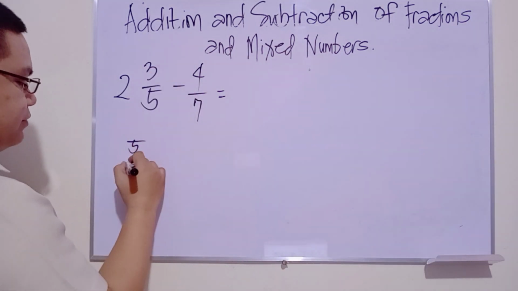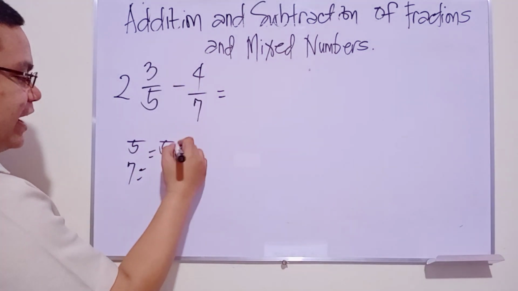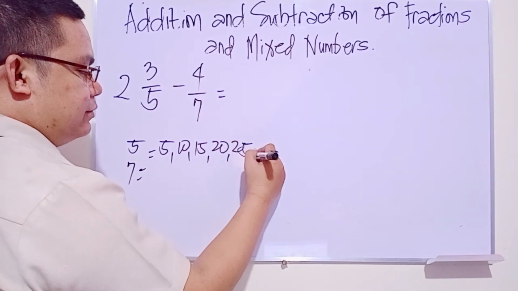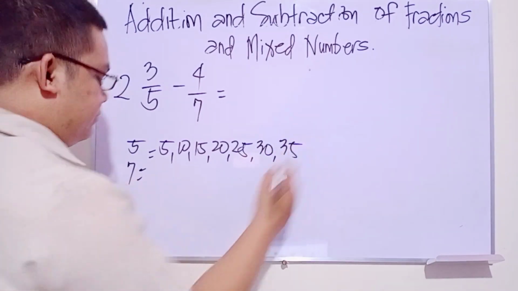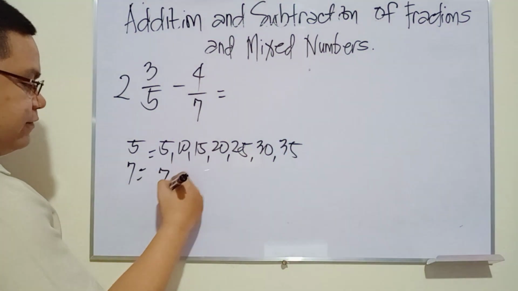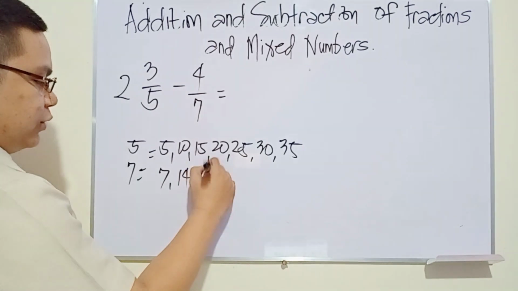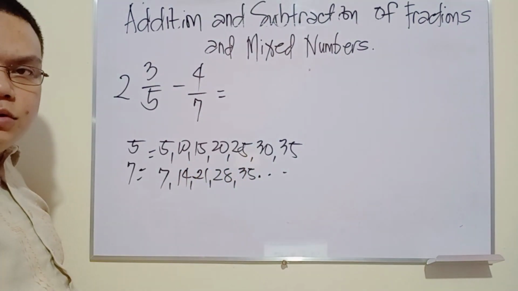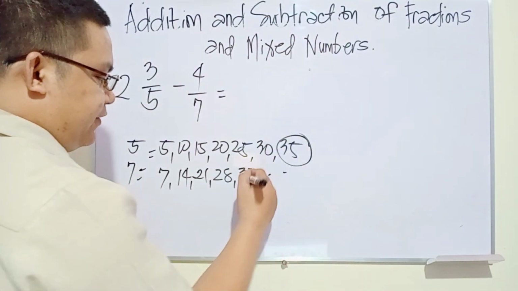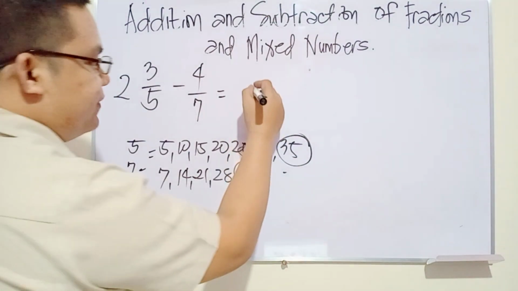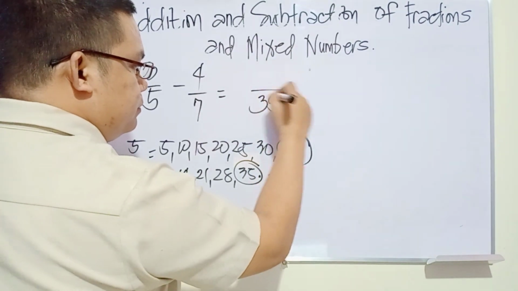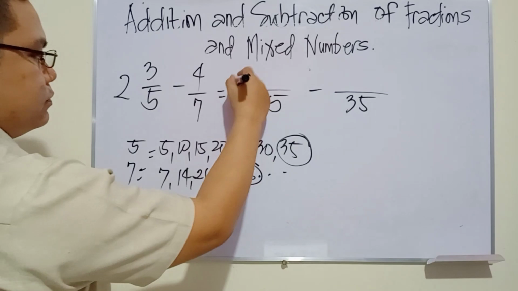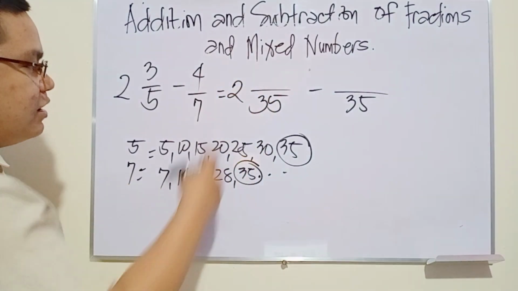So 5, 10, 15, 20, 25, 30, and 35. 7, 14, 21, 28, and 35. So the LCM is 35. Using the LCM 35 as our LCD, then renaming the fraction.